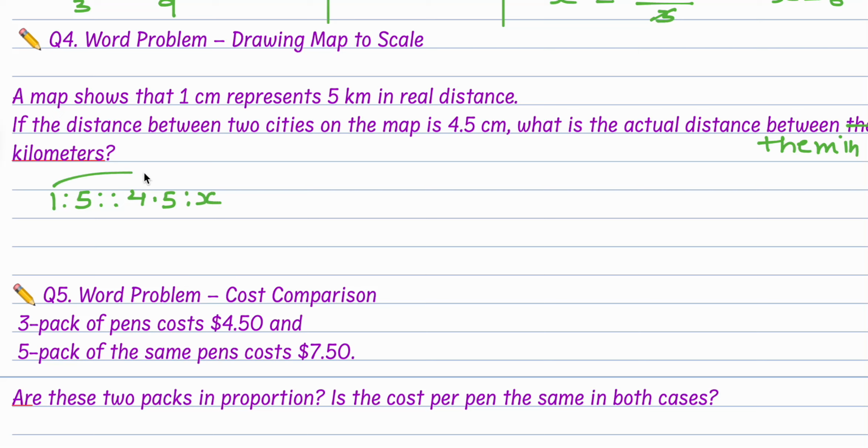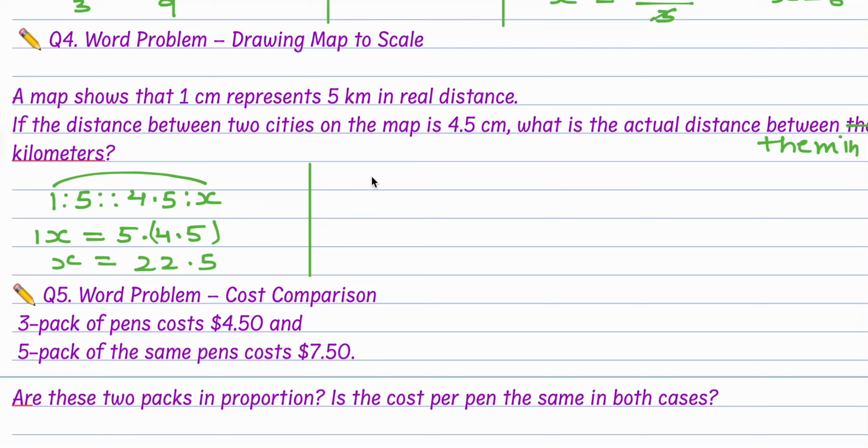First I am using product of extremes, 1x is equal to 1 times x is equal to product of means, which is 5 times 4.5. It's multiplication, 5 times 4.5. This is decimal. So x is equal to, if you multiply, that will be 22.5. This is with product of extremes is equal to product of means.